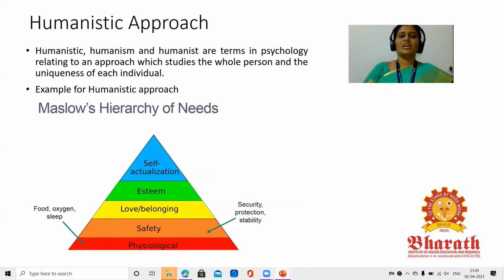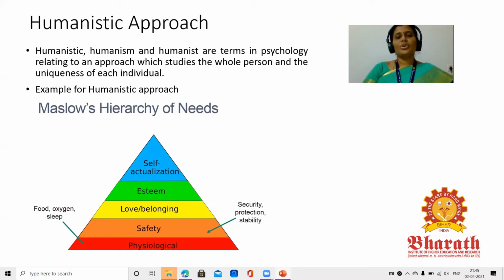And then we need an emotional need. Once the basic needs and the safety needs are fulfilled, next you require an emotional need, that is your relationship with your family members, with your friends, the environment. The love and belongingness. And then next the esteem need.